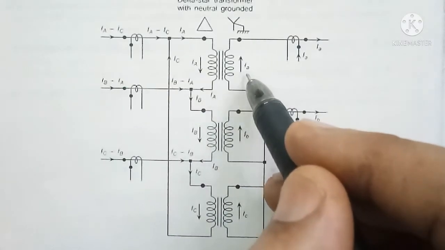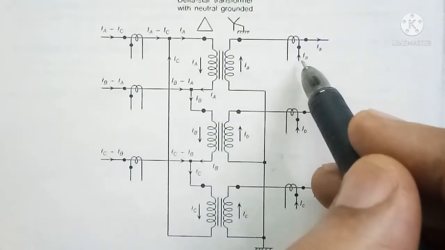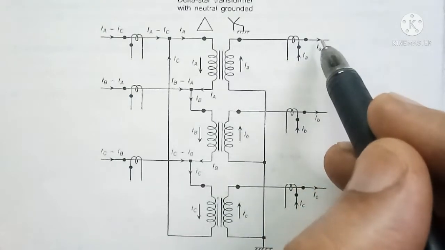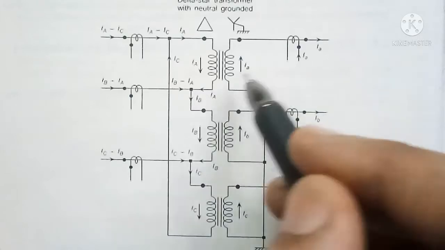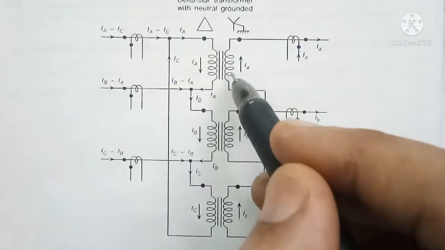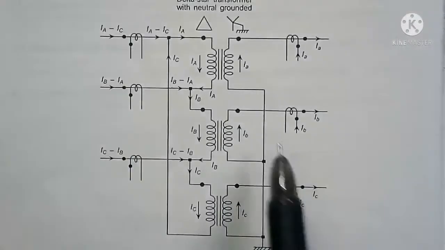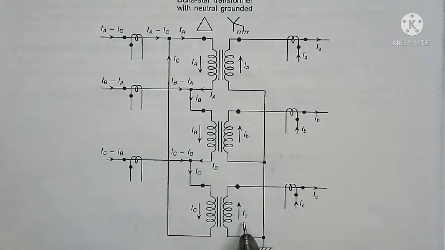In A phase winding of power transformer and in secondary CT connected to line A, current flowing is IA and IA, because for the star connection phase currents and line currents are equal. Like that you can see here IB and IB, and here you can see IC and IC.